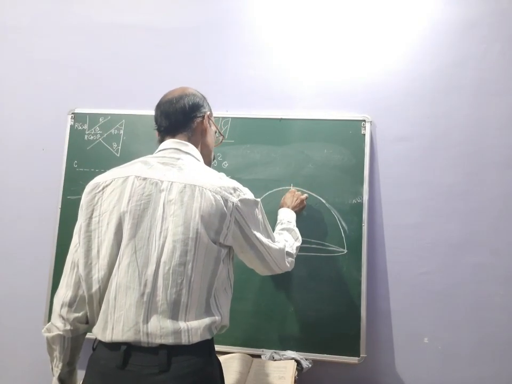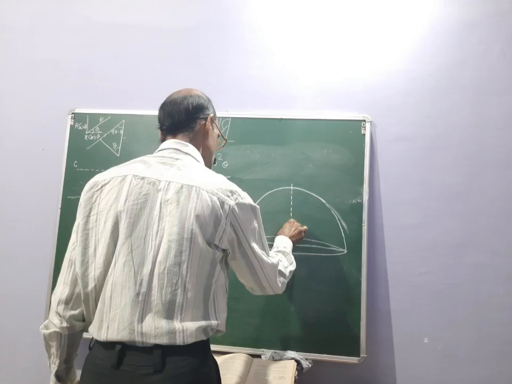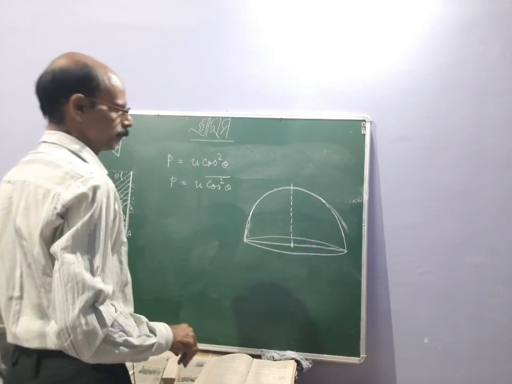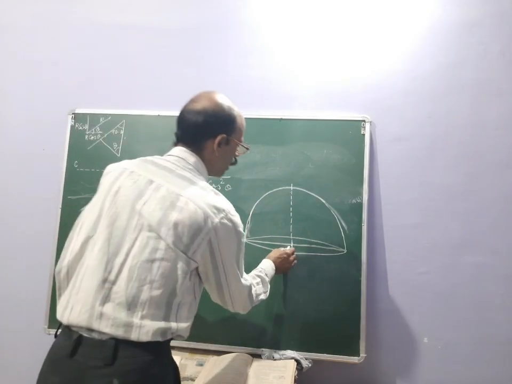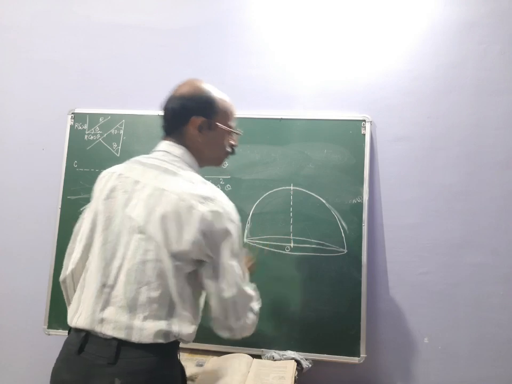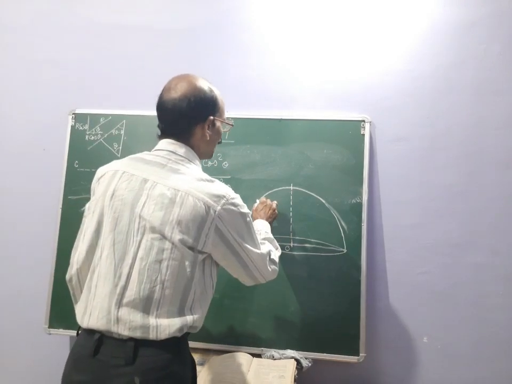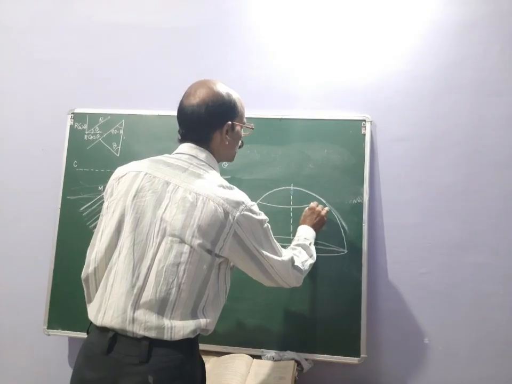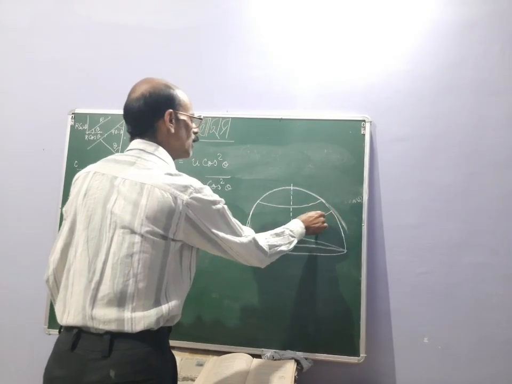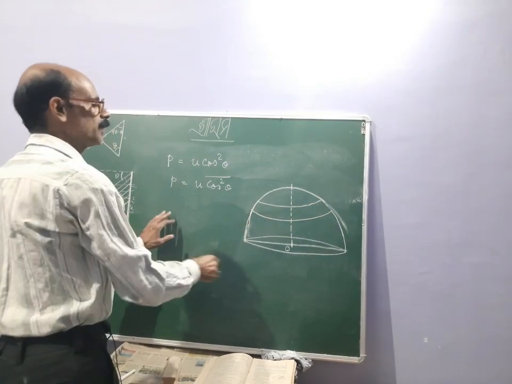Suppose this is the axis of the hemisphere. Suppose this is point O. Let me consider a ring on the sphere.